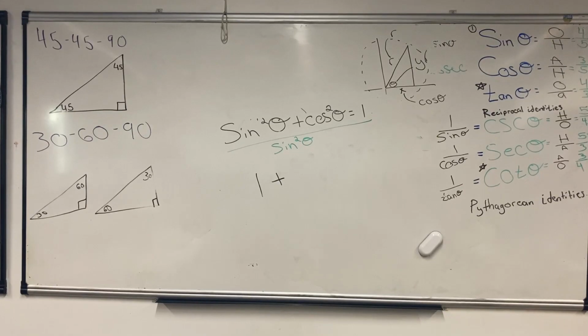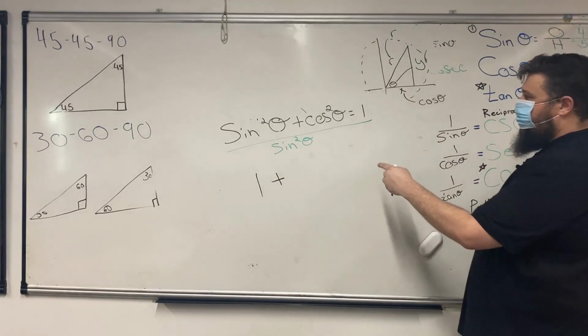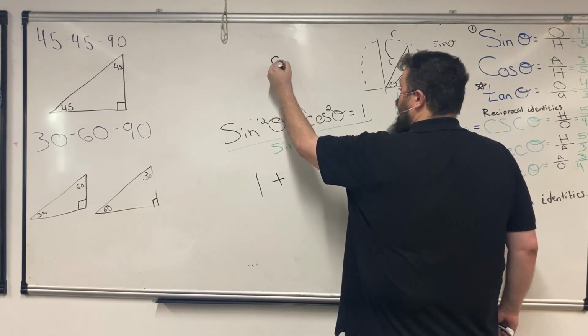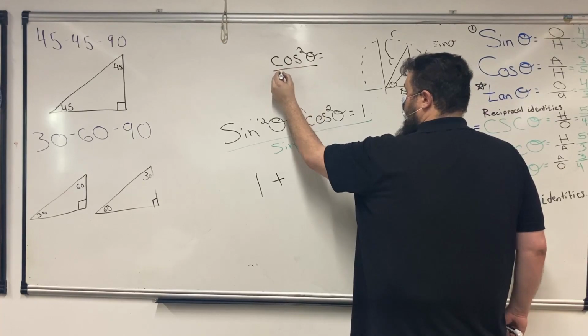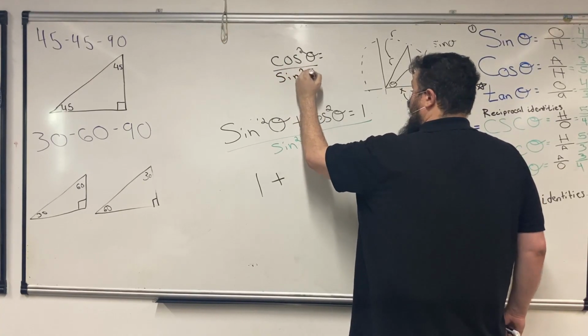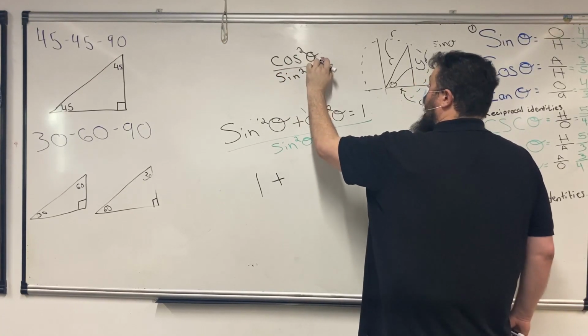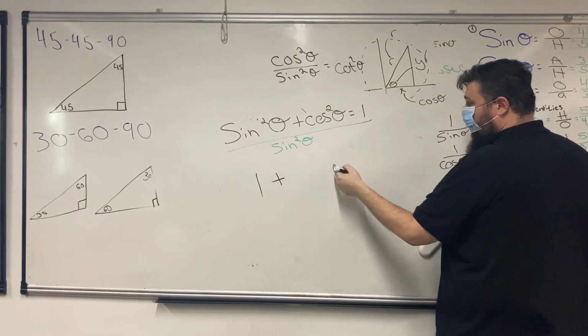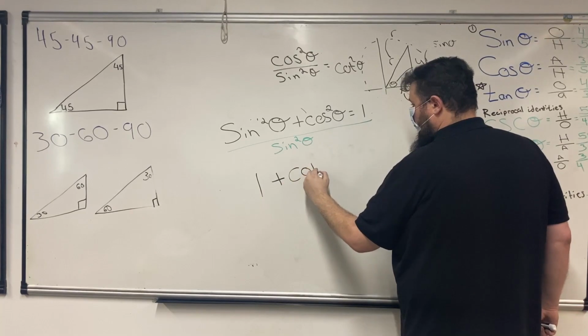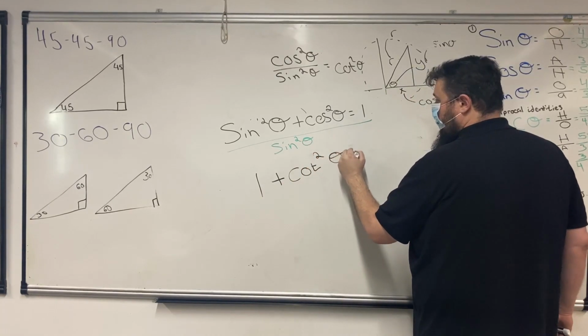Cosine over sine was a quotient identity. This is why we had to name these two. Anirudh is saying this is cotangent. Do we agree? So now I'm going to have 1 plus cotangent squared theta.